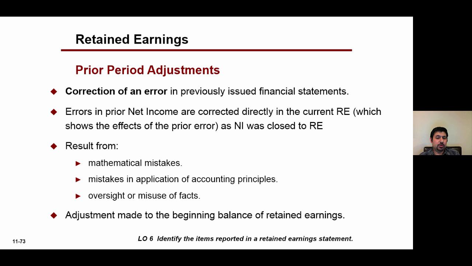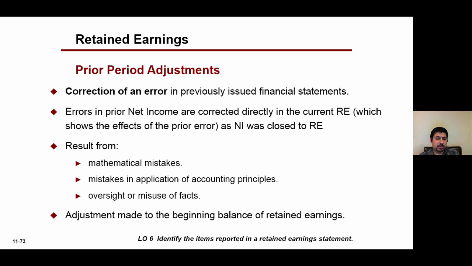That means the error in net income has directly affected current retained earnings. As a result, the correction will be made to the balance of retained earnings.